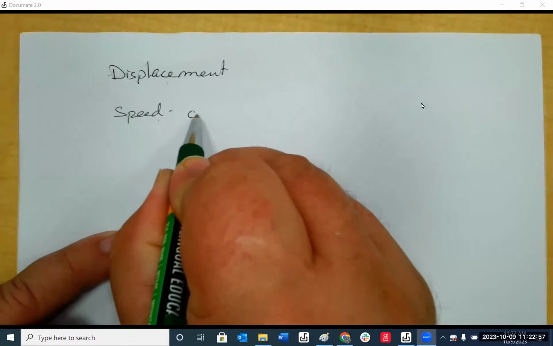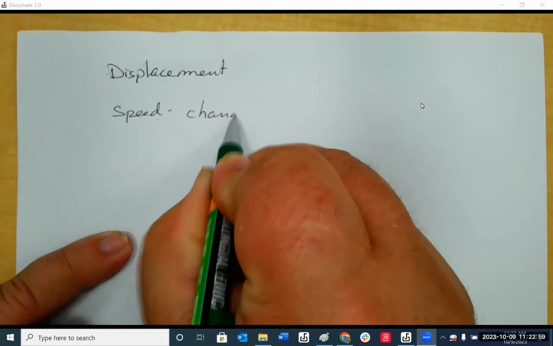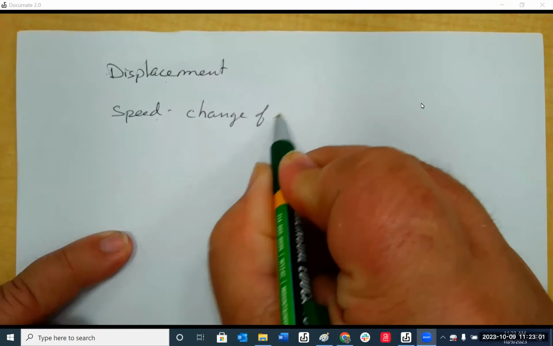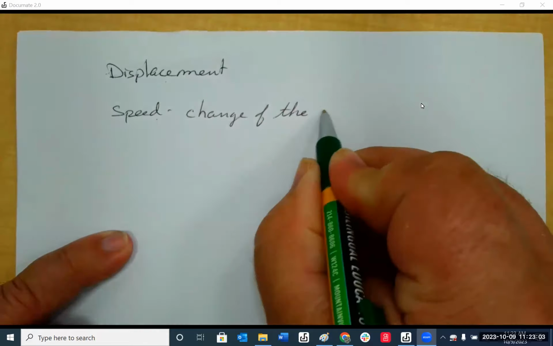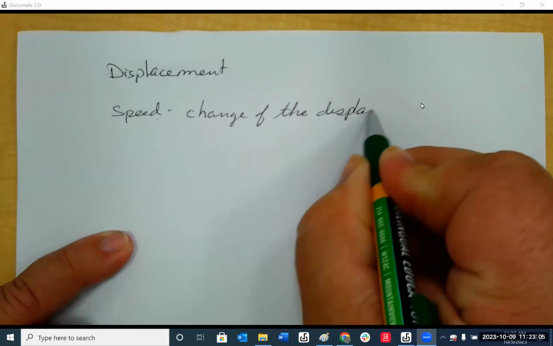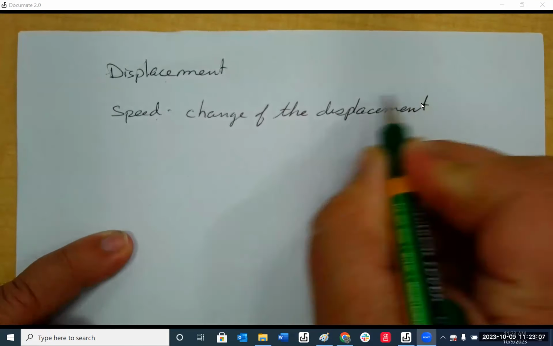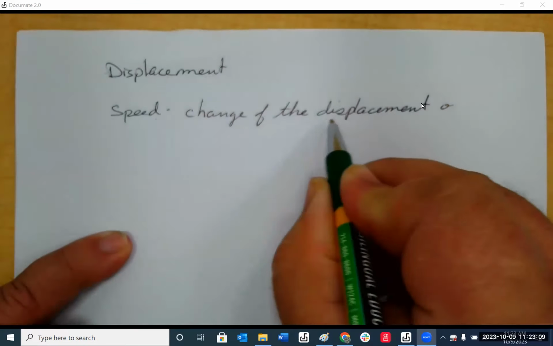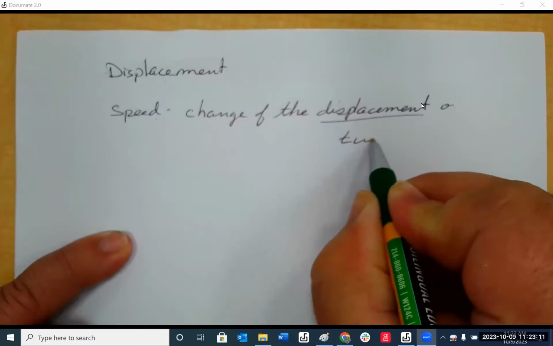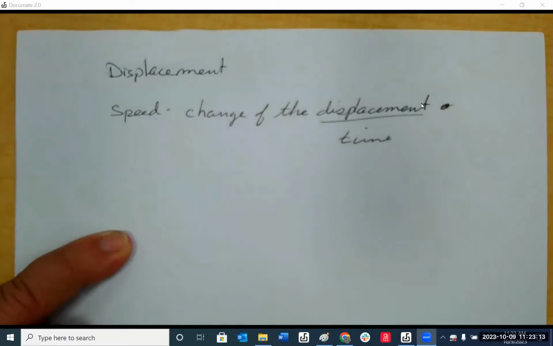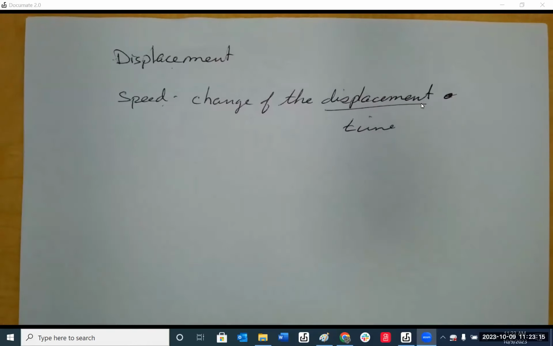So speed is the change of the displacement over time. Okay, so how are displacement and speed really different?